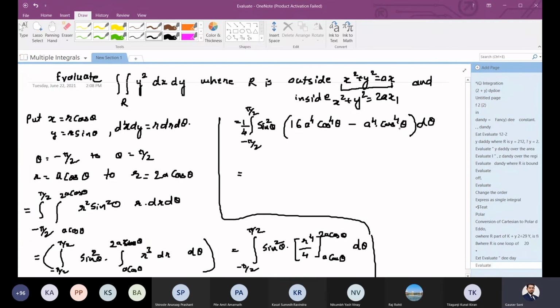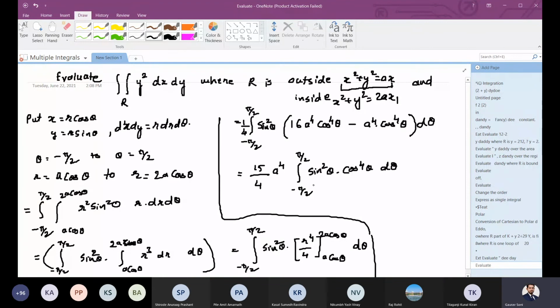So now, cos raised to 4 theta will come outside. You have a raised to 4, 16 a raised to 4 actually. A raised to 4, 16 minus 1, that is 15. 15 by 4, a raised to 4, integration minus pi by 2 to plus pi by 2, sine square theta, cos raised to 4 theta d theta.